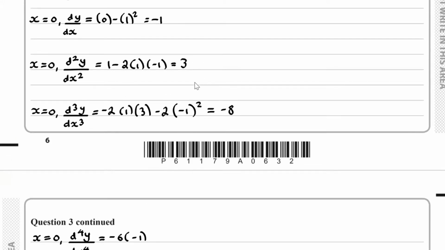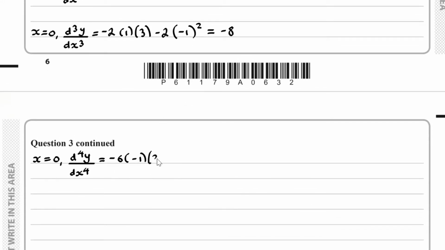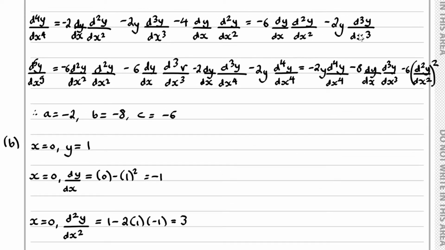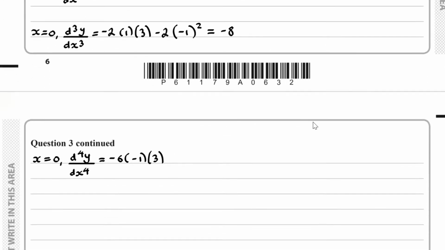So that was 3. And then we had minus 2y times the third derivative. So we have minus 2 lots of y, lots of the third derivative, which was minus 8. Working this out, we get 34.